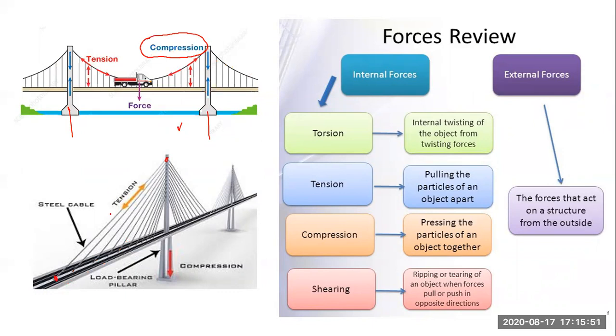If you take a cross section here, each and every section will be under tension or tensile force. That means an equal and opposite pull force. So cables, wires, etc. are always under tension. Any wire or cable, any hanging line in the bridge is under tension.